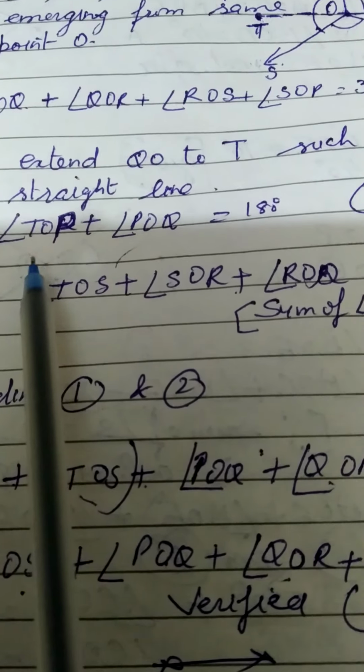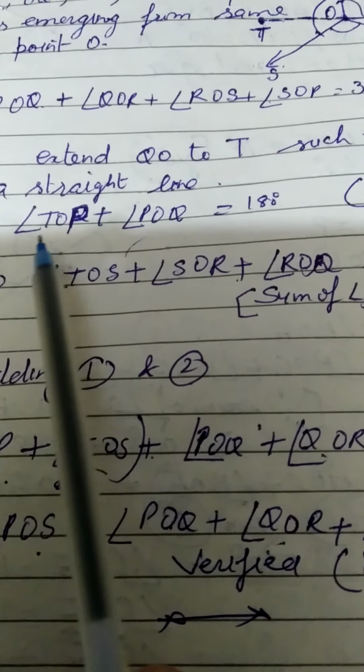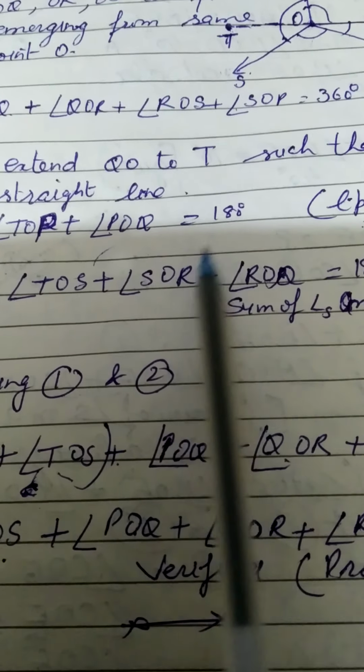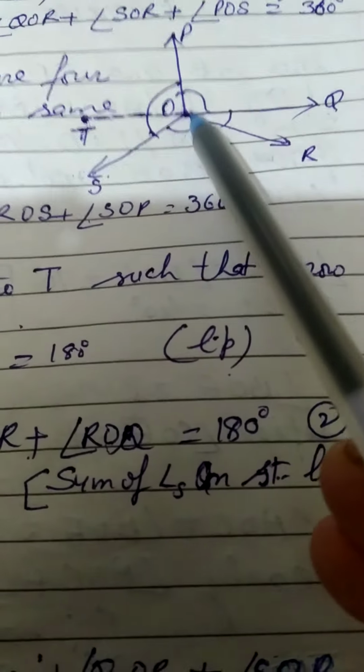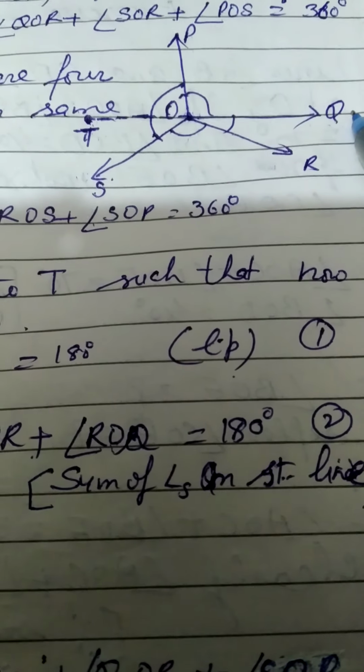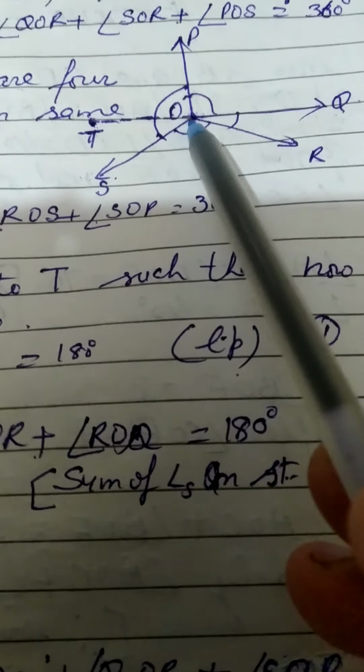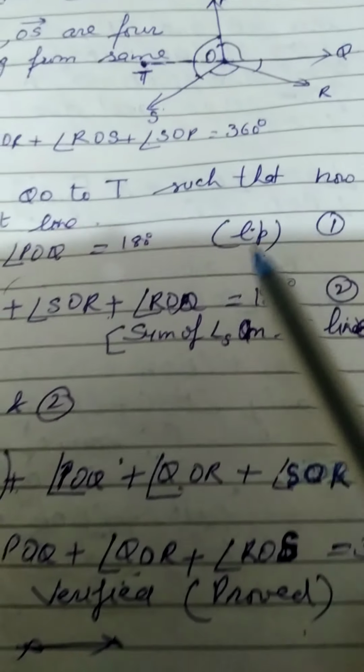This implies that angle TOP plus angle POQ is equal to 180, because TOP and POQ are forming a linear pair.